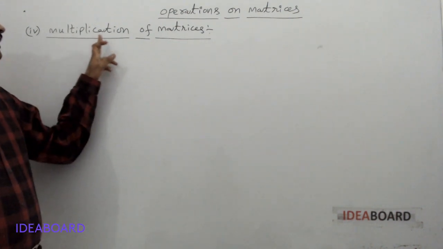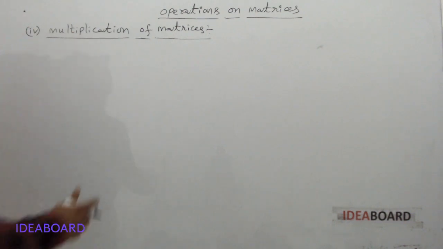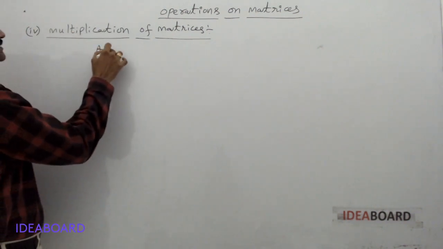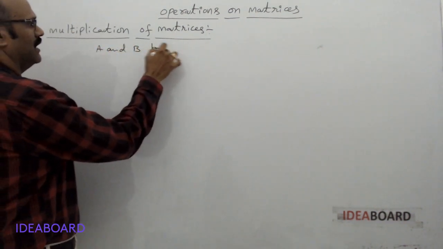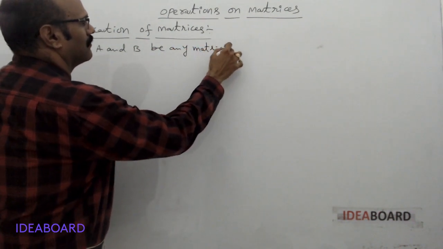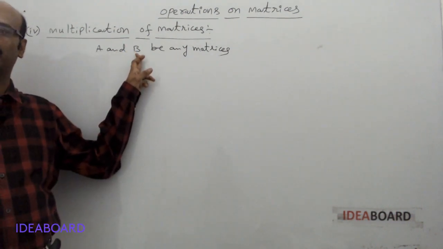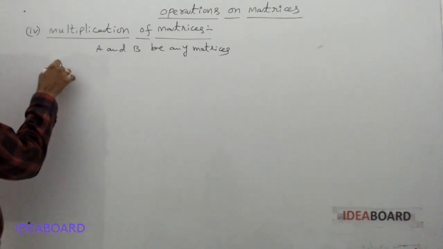Next one, multiplication of matrices. Let A and B be any two matrices. The product of A and B is denoted by AB.